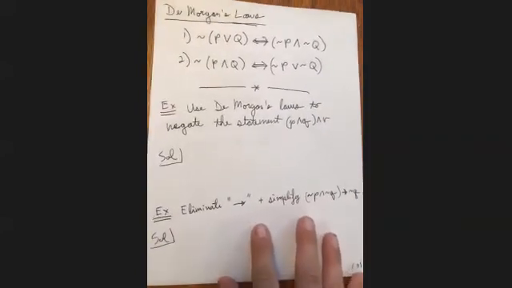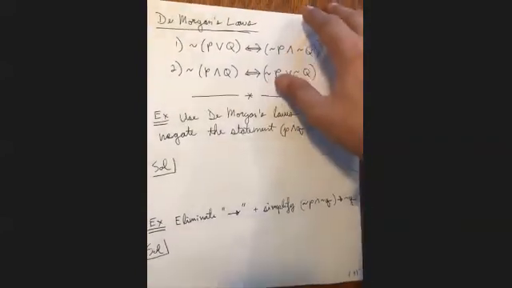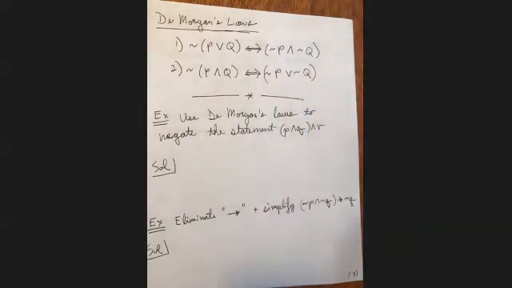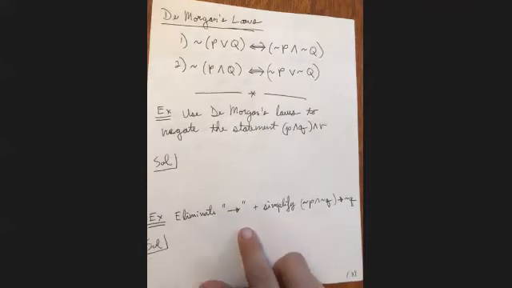And once you see it, you'll realize it's just like what we did with the sets, and you probably won't have much trouble with it. So let's see an application of De Morgan's laws.